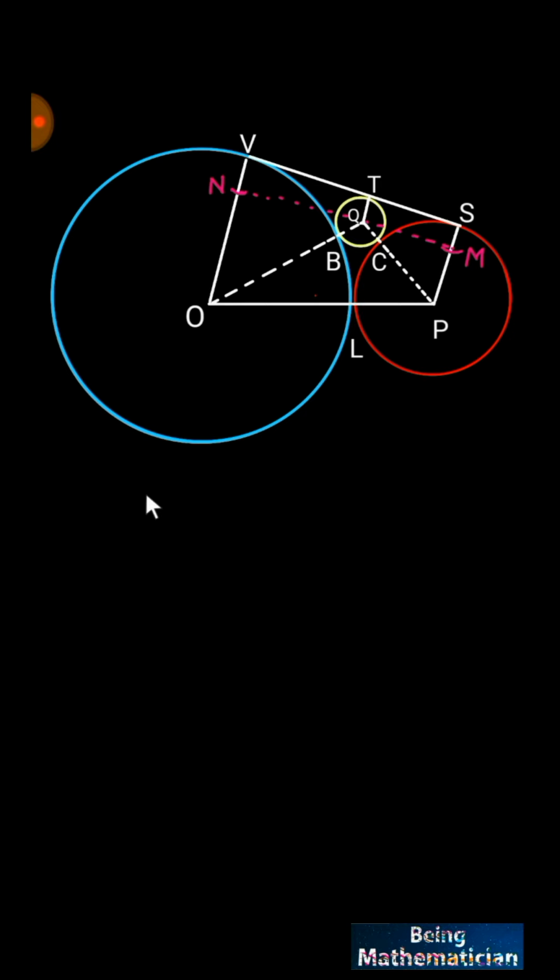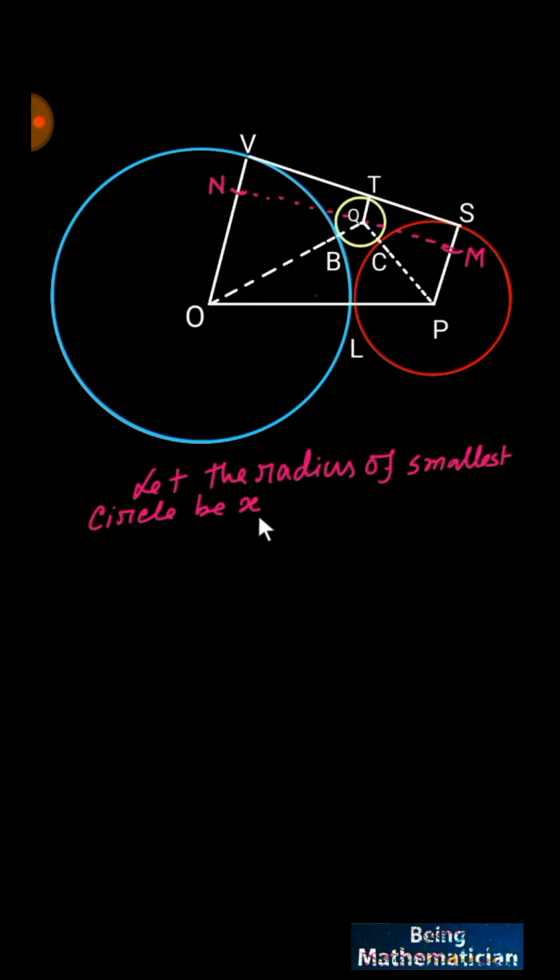So let the radius of yellow circle, that means smallest circle, be x. Therefore TQ equal to VN equal to SM equal to x centimeter.